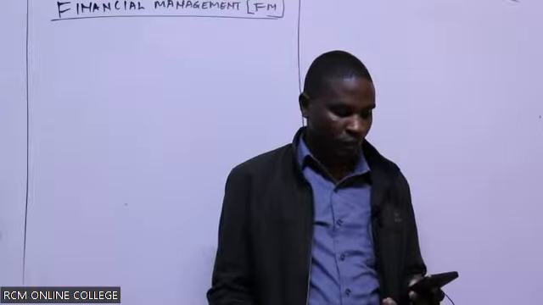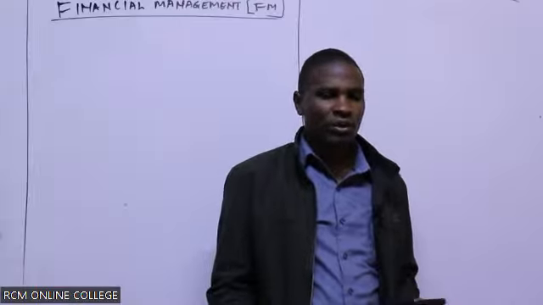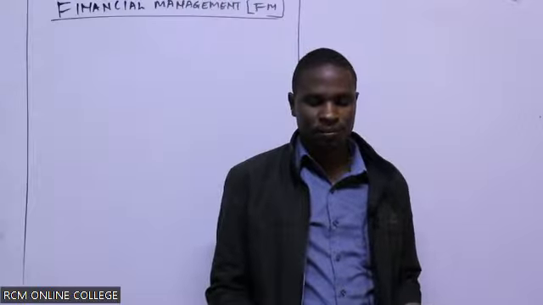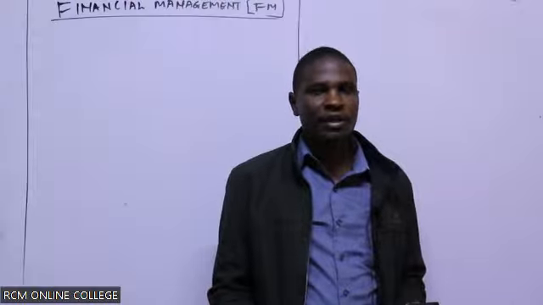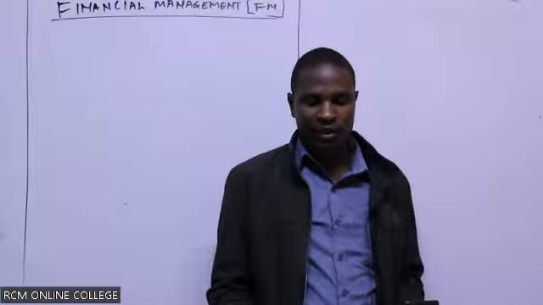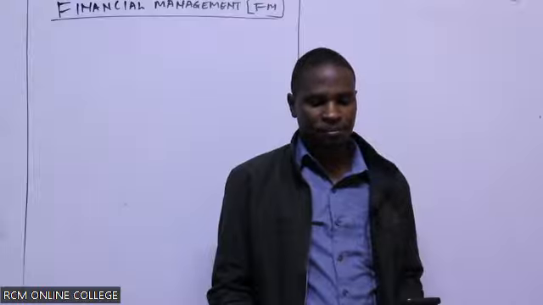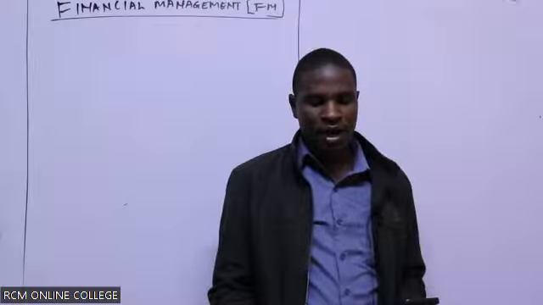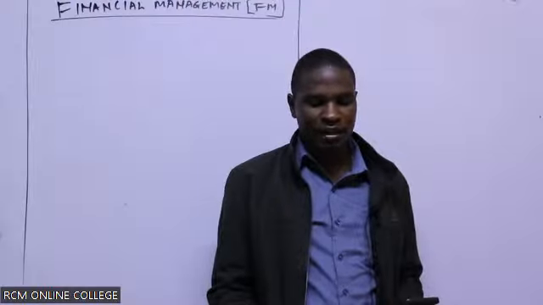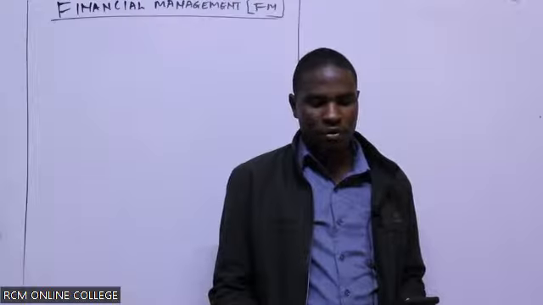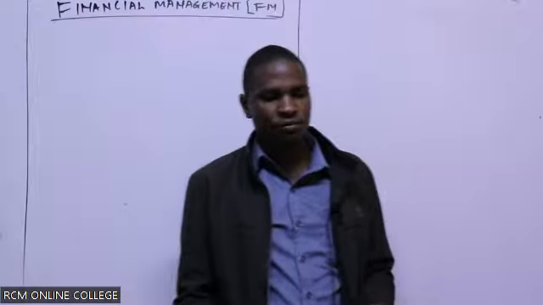So NB. We're writing this NB. The cost of existing ordinary shares, in brackets, already issued shares, close the bracket, is the same as the cost of the retained earning, and will be given by the formula.